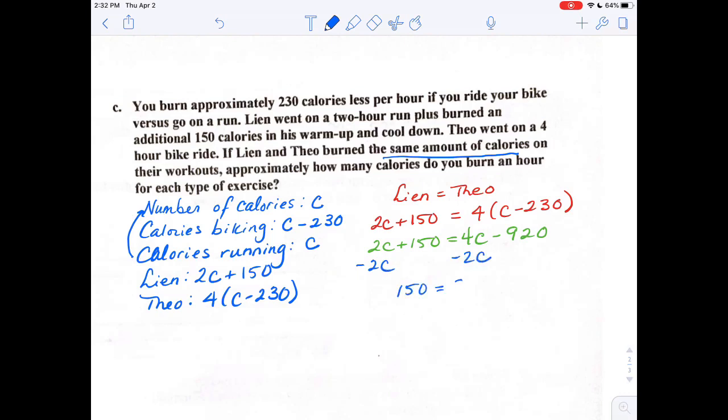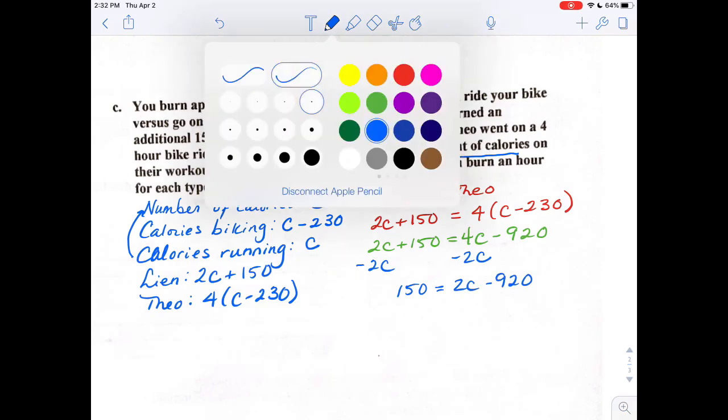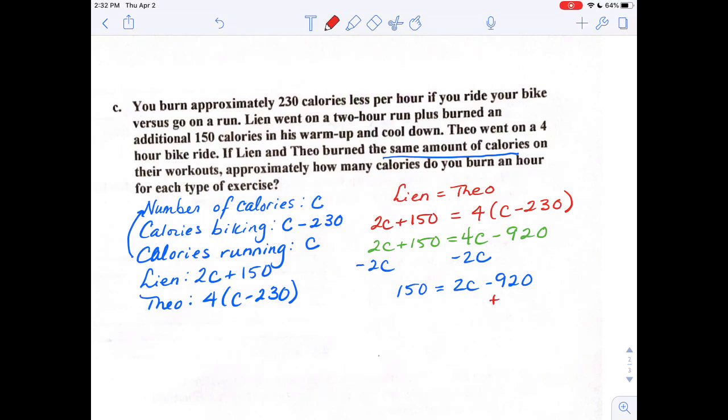So 150 is 2C minus 920. And now, of course, isolating my variable by doing the inverse operation of the constant. And then the inverse operation of my coefficient to find out that C is equal to 535.